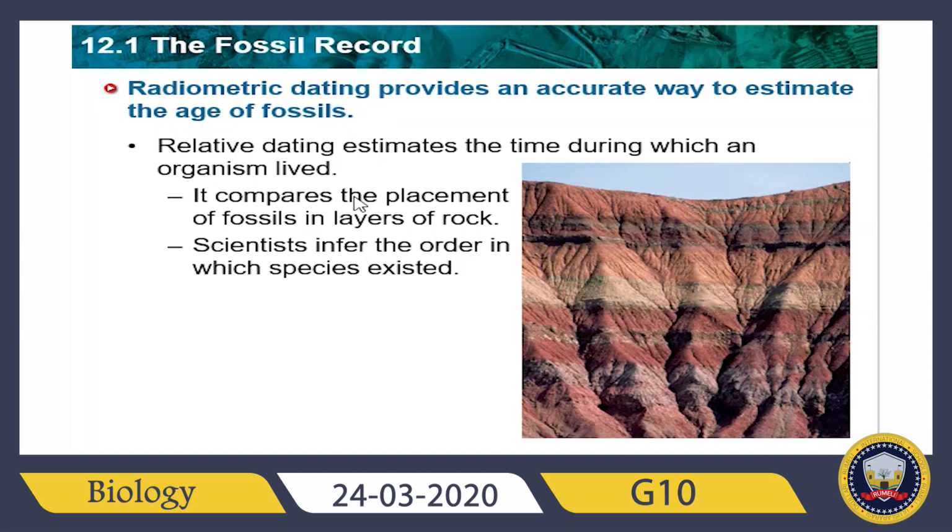So guys, relative dating allows scientists to infer the order in which groups of species existed, although it doesn't provide the actual ages of fossils. So relative dating will not give us the actual age of these fossils, but it will give us the estimated age of these fossils.